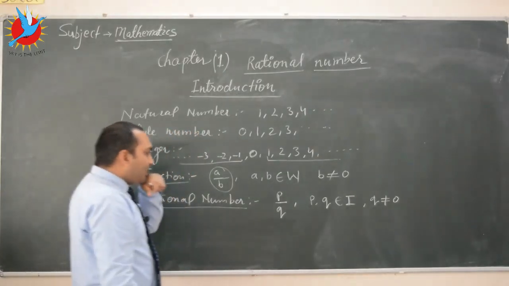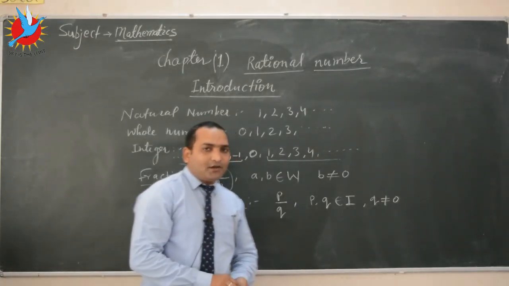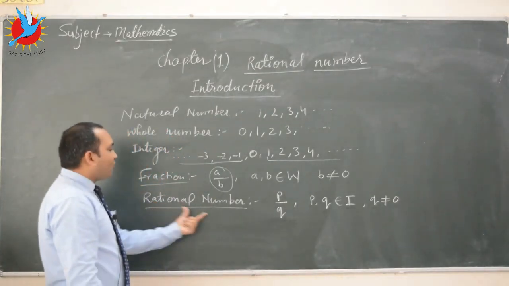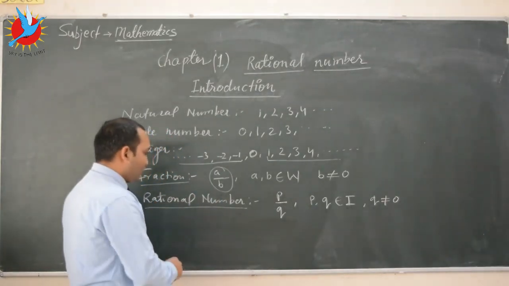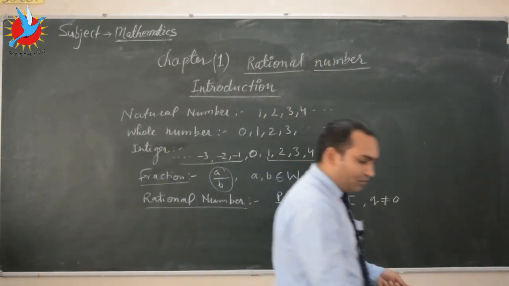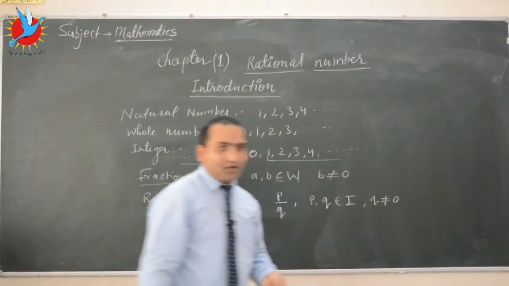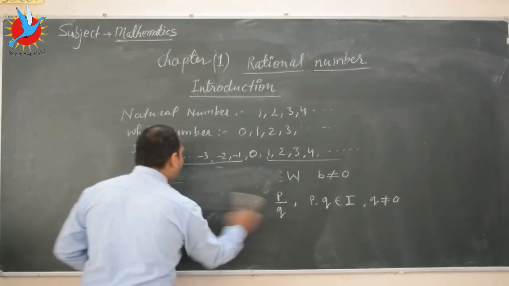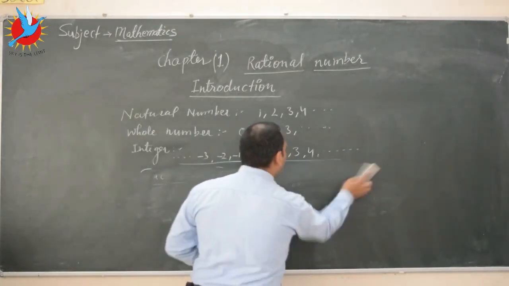So today we learn about the different properties of the rational number. First of all we discuss the different properties and different types of the rational number.